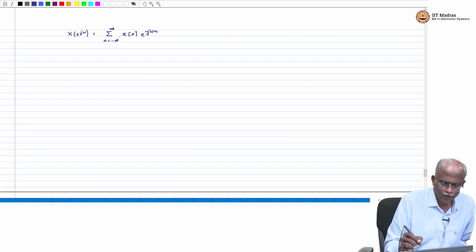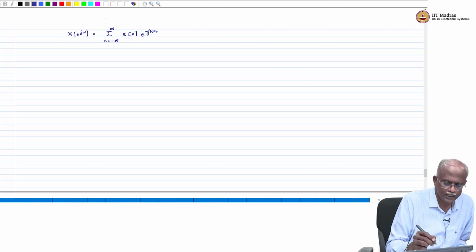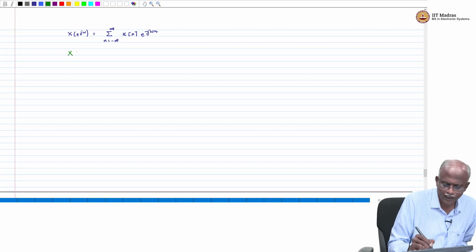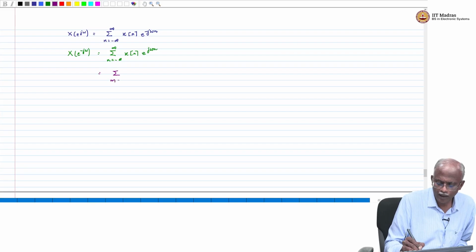Now if you do this expression X of e power minus j omega, this will be summation n equal to minus infinity to infinity x of n e power j omega n, and then you replace n with minus m.